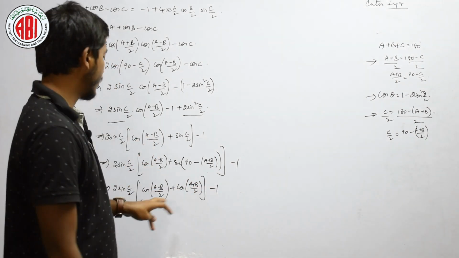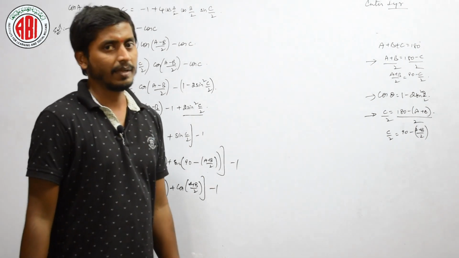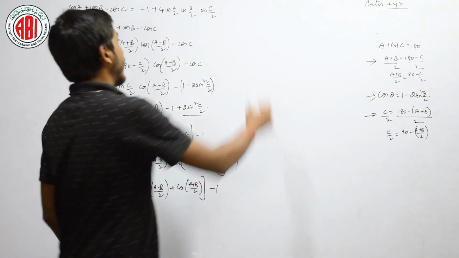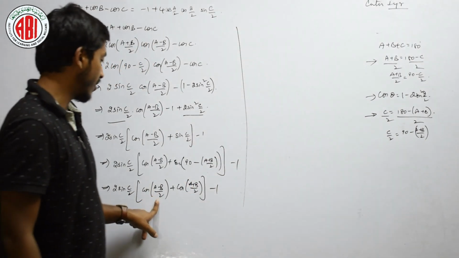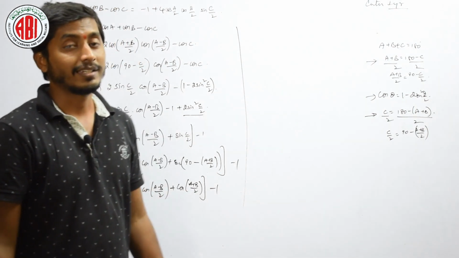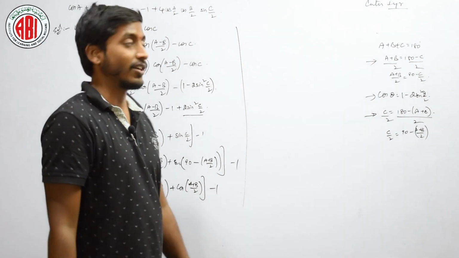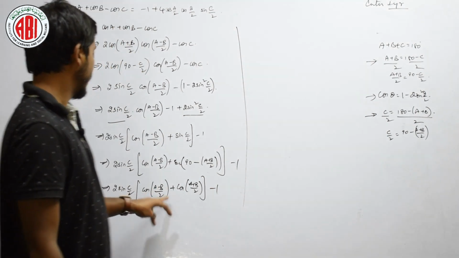If you observe, is this not in the form of cos of (A minus B) plus cos of (A plus B)? What is the formula for it? Cos of A plus B plus cos of A minus B is nothing but 2 cos A cos B. Let us substitute it.